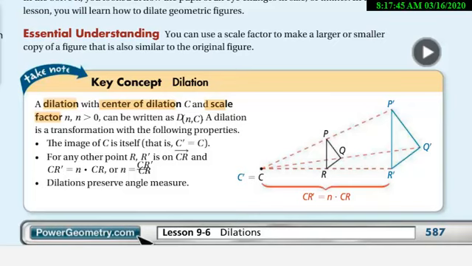If we look at this figure, we can find that CR prime is equal to n multiplied by CR. So the new position of R, which is R prime, can be obtained by multiplying n, the scale factor of the dilation, by the original length, which is CR.